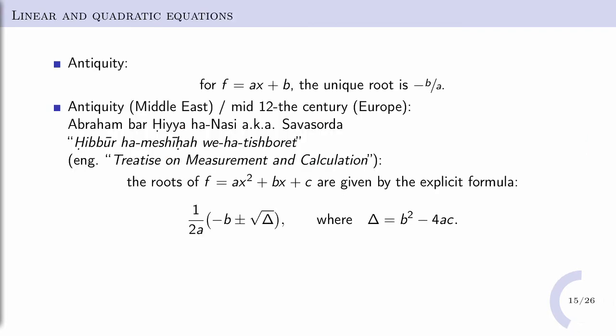First of all, let's look at the polynomial of degree 1. We have a polynomial of degree 1, so a linear one, and okay, this is trivial. As long as people were able to write this kind of expression, they were able to find its root. If ax plus b is 0, then the root is minus b over a.